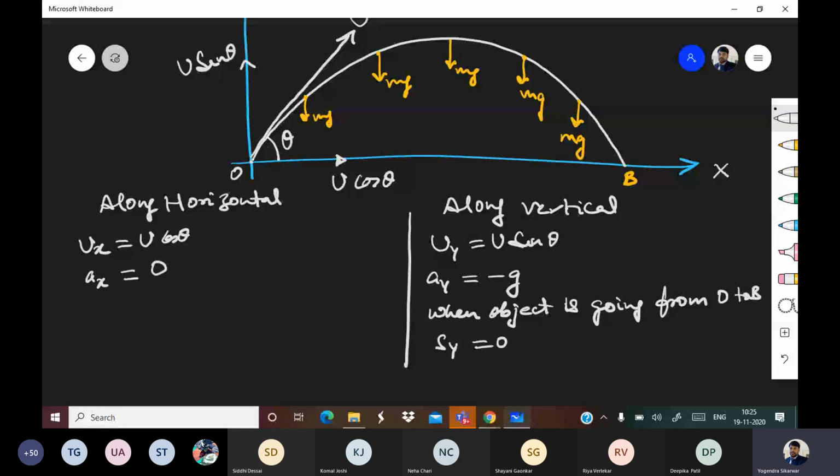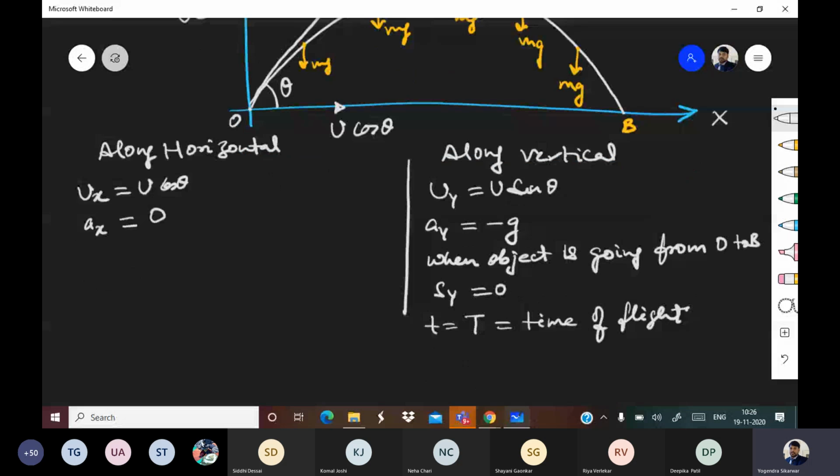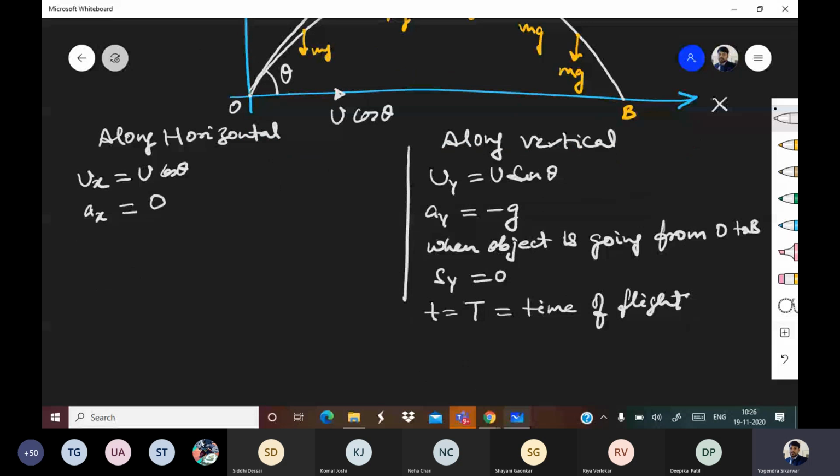Displacement in the y direction will be 0. So as Sy is 0, t will be capital T, which is the time of flight. We will be defining it later, but as of now, keep in mind that small t is equal to capital T, the time of flight.